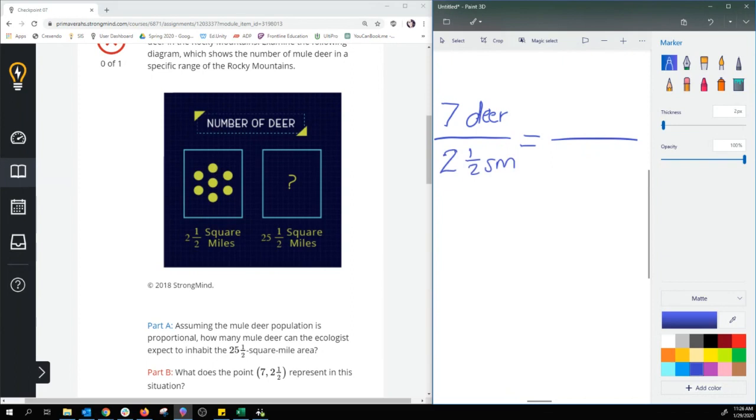Okay. So for every 7 deer, right, it covers 2.5 square miles. Now, do I know how many deer cover 25.5 square miles? Do I know how many that is right now? No. So since I don't know how many that is, what can I put there if I don't know what it is?